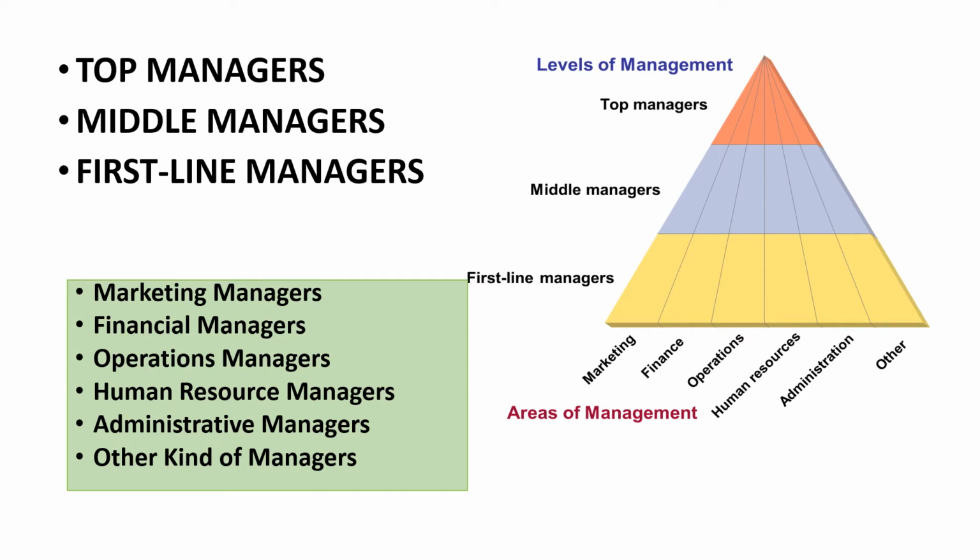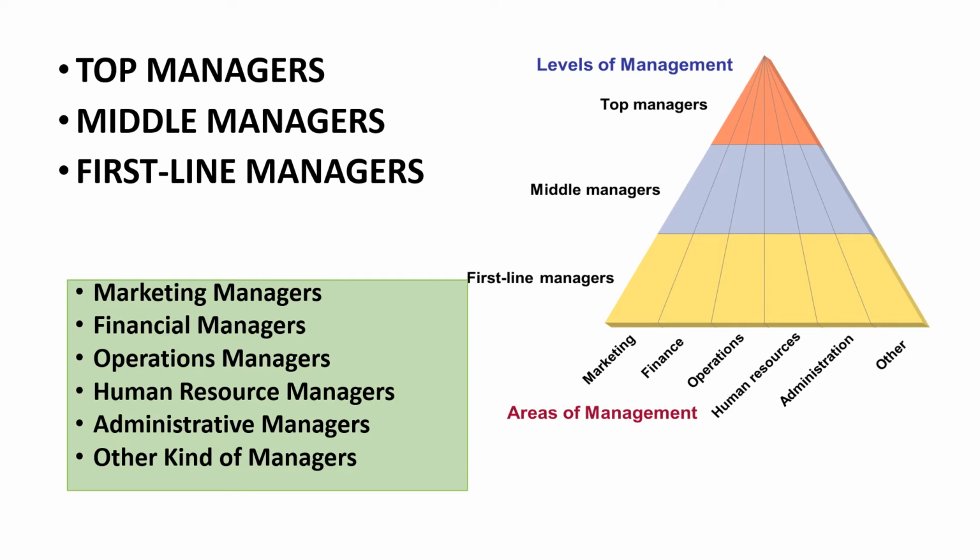They are involved in human resource planning, recruiting and selection, training and development, designing compensation and benefit systems, and formulating performance appraisal systems. We also have the administrative managers. They are the generalists who are very familiar with all functional areas of management and who are not associated with any particular management specialty.